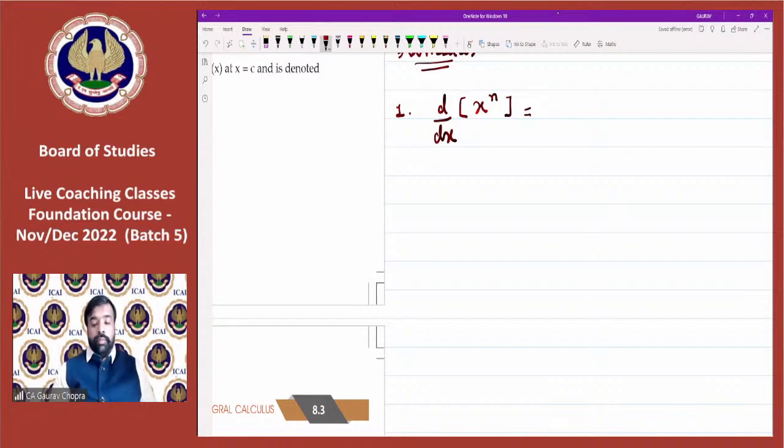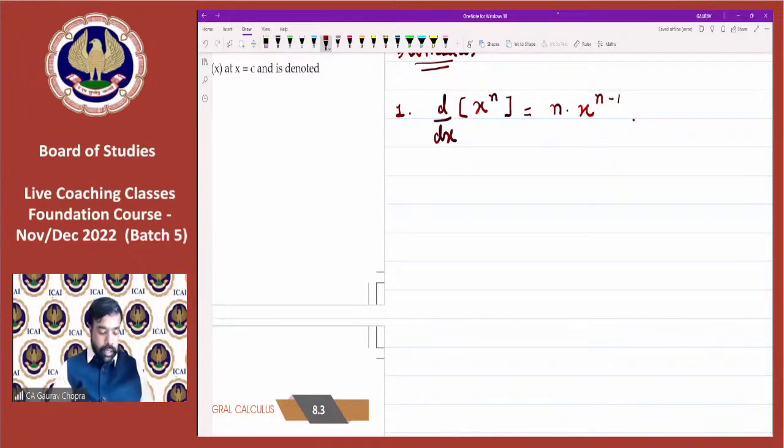The power will jump forward and it will become n multiplied by x to the power of n minus 1. So this is the first formula: d by dx of x to the power of n is equal to n multiplied by x to the power of n minus 1.